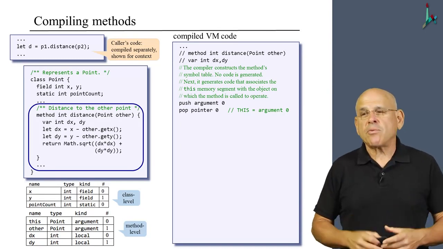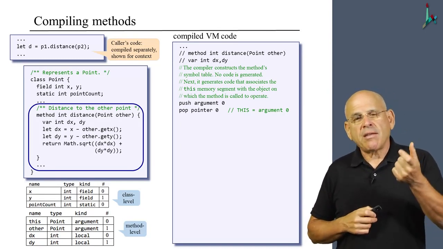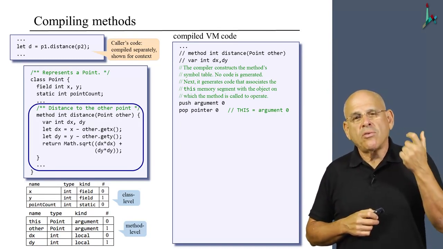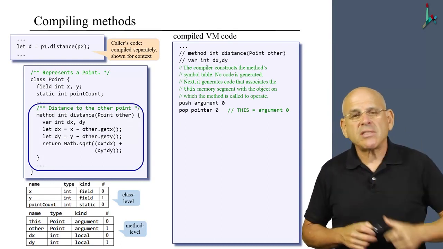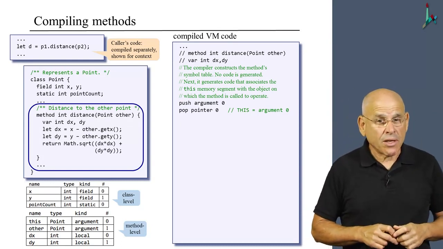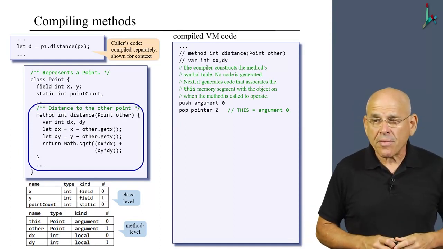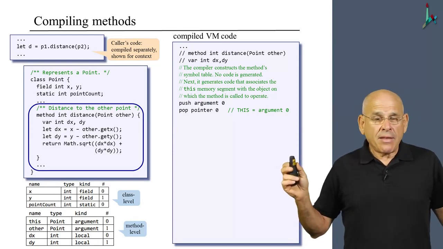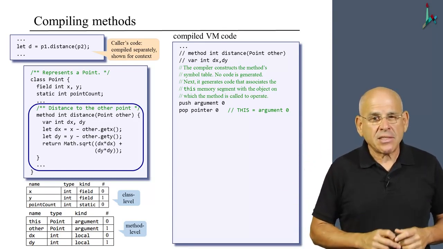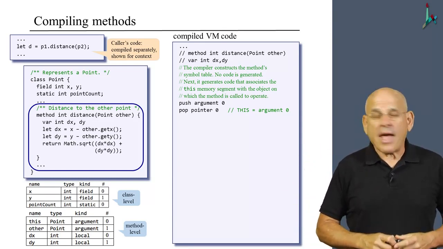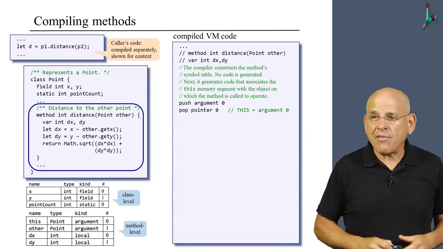By doing this, we effectively set the this pointer to contain the address of the current object, the object on which we were called to operate. Well, now that I did it, I can safely access this as needed by the high-level code.